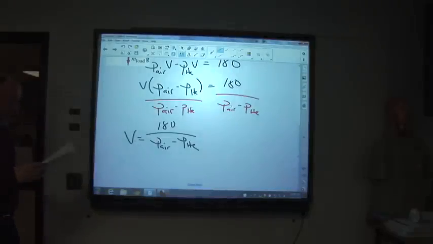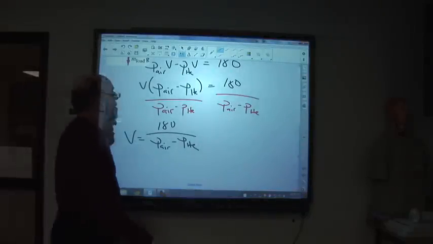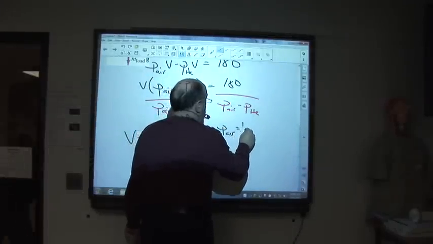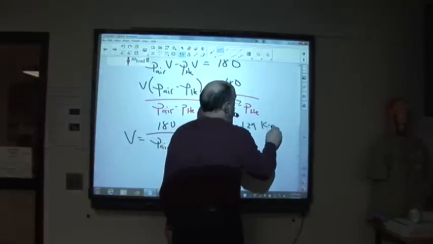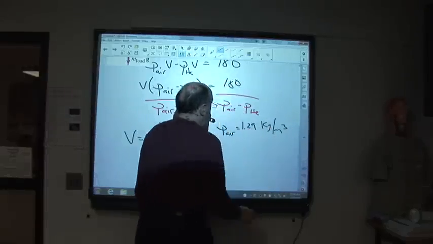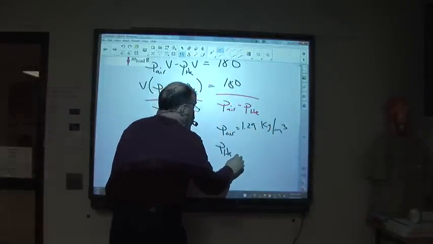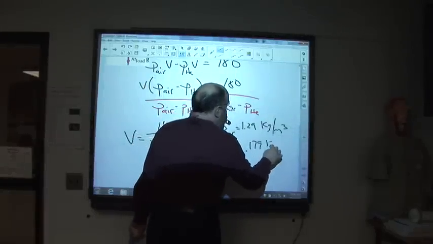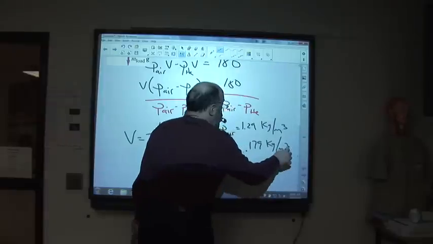And so again, from your book, from the chart, you get that the density of air is given to be 1.29 kilograms per cubic meter. The density of helium is given to be 0.179 kilograms per cubic meter.